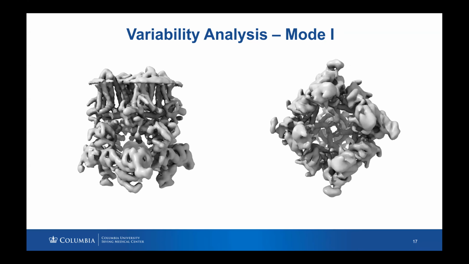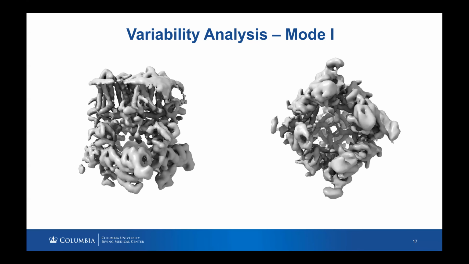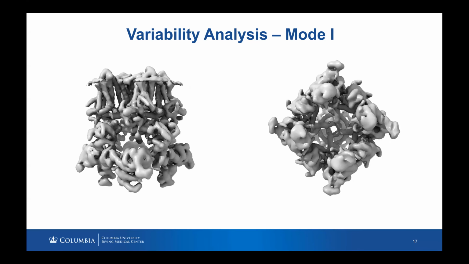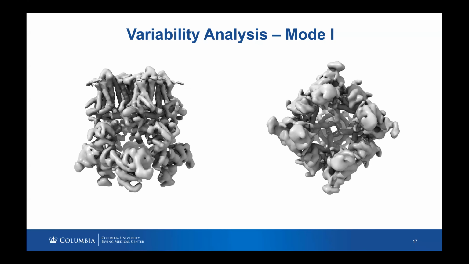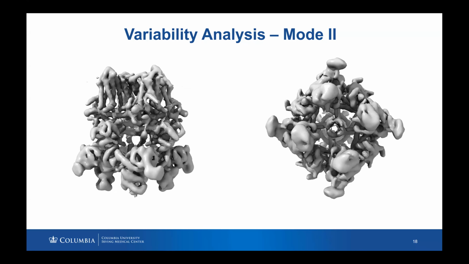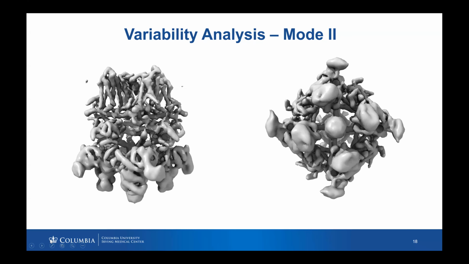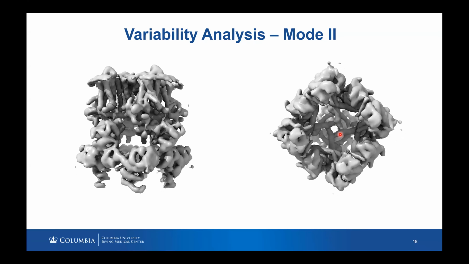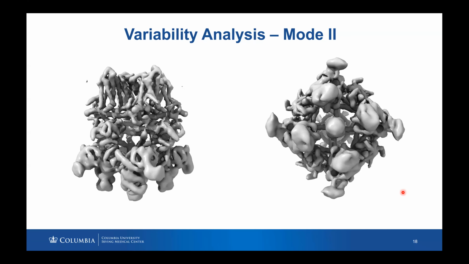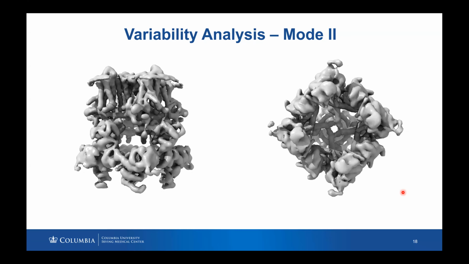And answering the question, maybe C2 symmetry will help to get better resolution. What I think is happening here is that, first of all, we have two conformations. You can see that we also have this coiled domain here, forming a laser pointer. So we have a lot of different conformations in the lower part, with and without the coiled domain.